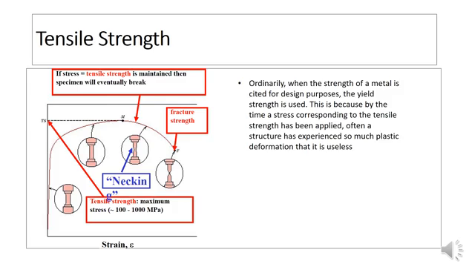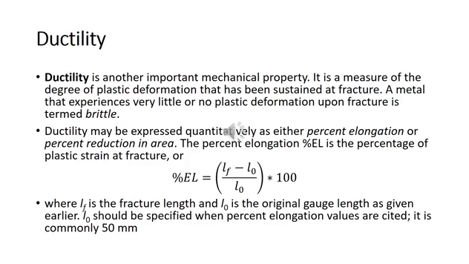Ductility is the next property that you're going to look at, and this is basically the ability of a material to stretch and not fracture, and it's given by this equation.